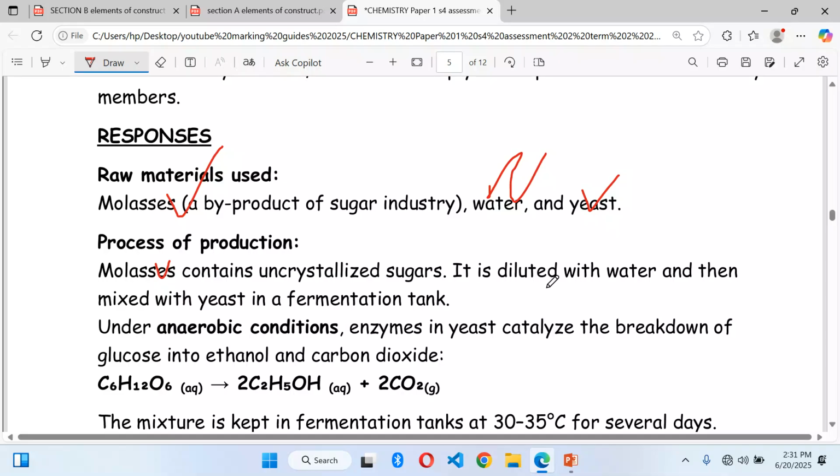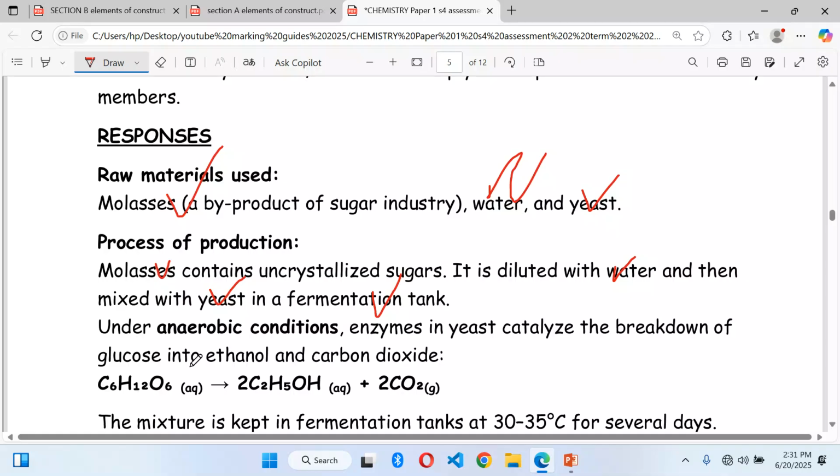It is diluted with water, so there is dilution of molasses with water, and then mixed with yeast in a fermentation tank. Now this is the vessel, fermentation tank. We can see even this yeast is the raw material. So the raw materials are being mentioned in the process of production. We have molasses, we have yeast, we have water. And then we're also including here the mark for the fermentation tank, which is our vessel.